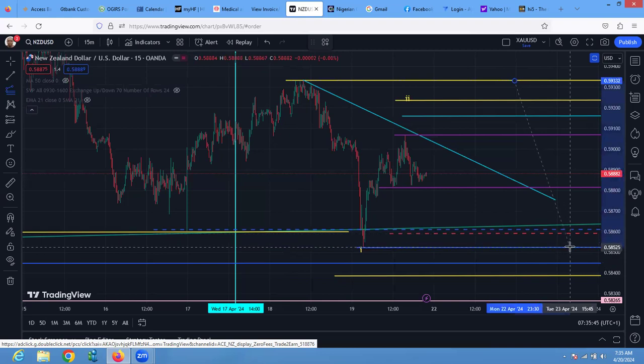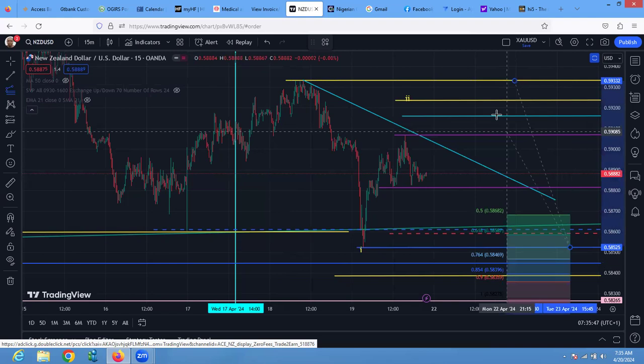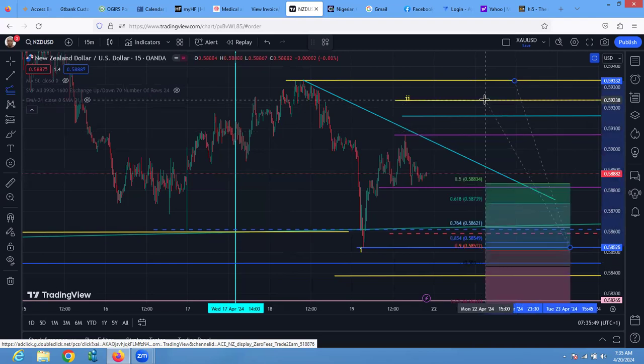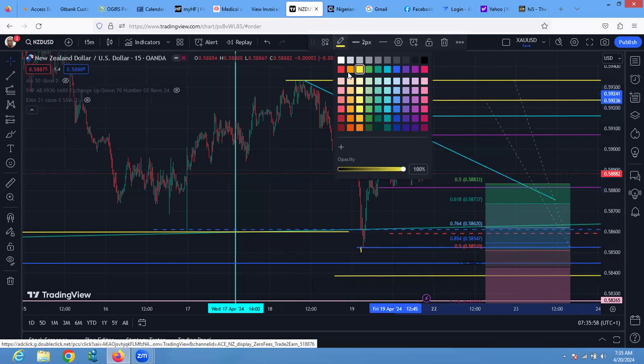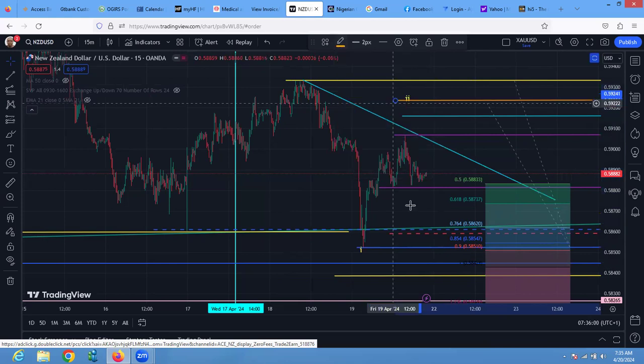I can even use purple for it so that it does not confuse us with the yellow line that we have. So let's use purple for this, or golden yellow. Yeah, let's use that for it.